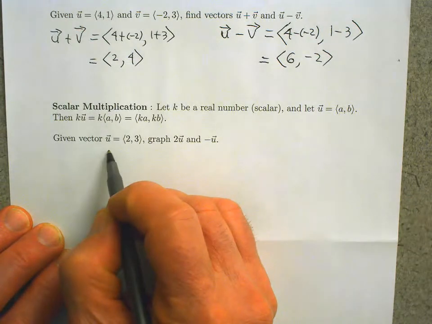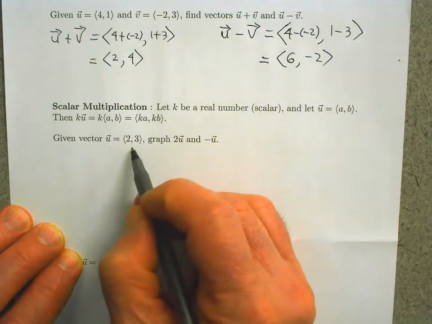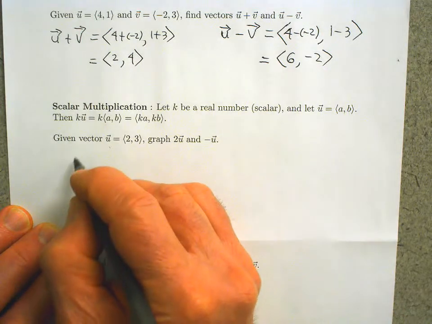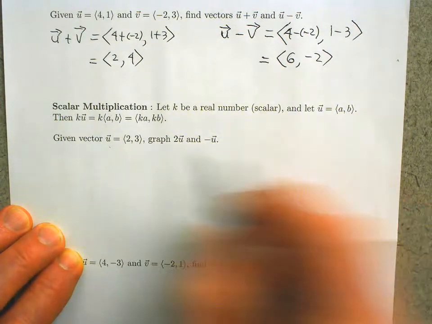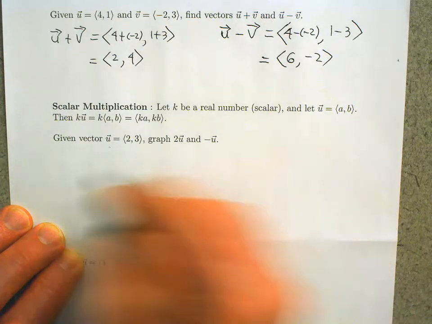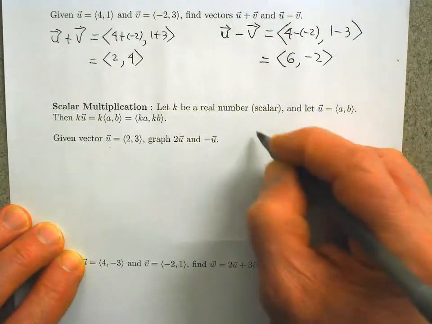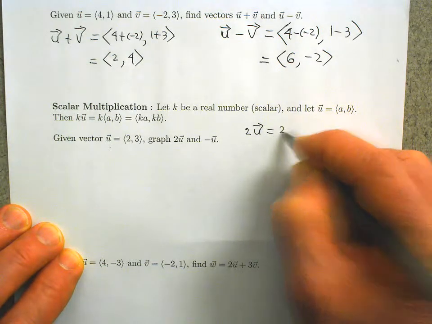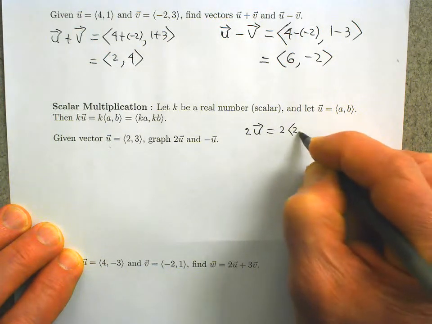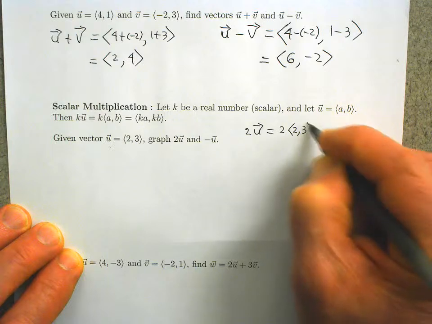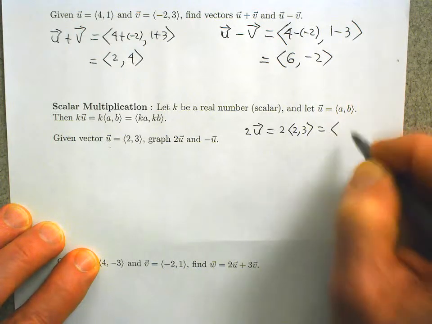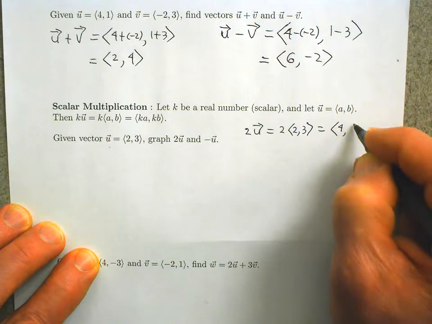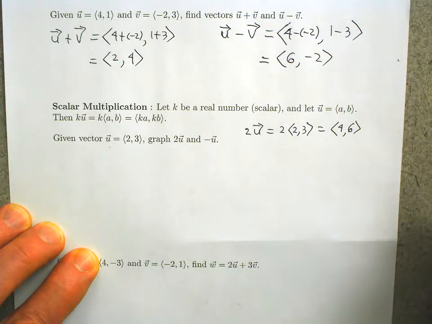Okay, so in this example, if the vector u is in component form 2, 3, well, it says graph 2u. So first, let's write that 2u is 2 times the component form vector 2, 3, which means multiply 2 times 2 for the first coordinate, 2 times 3 for the second coordinate.